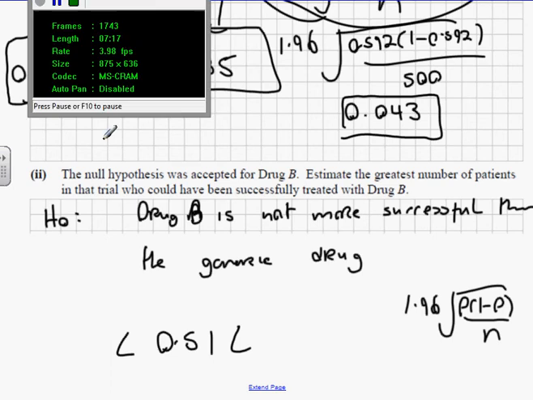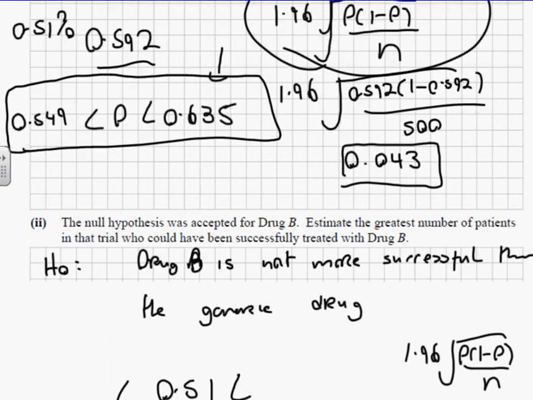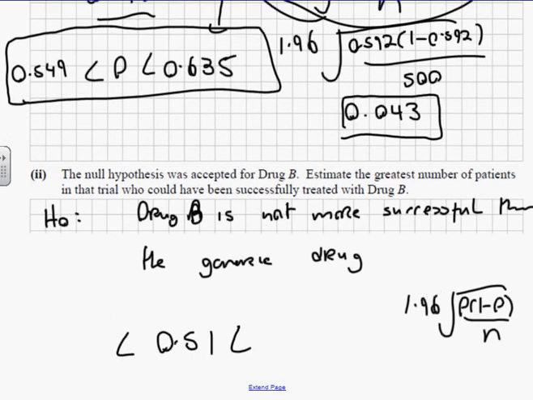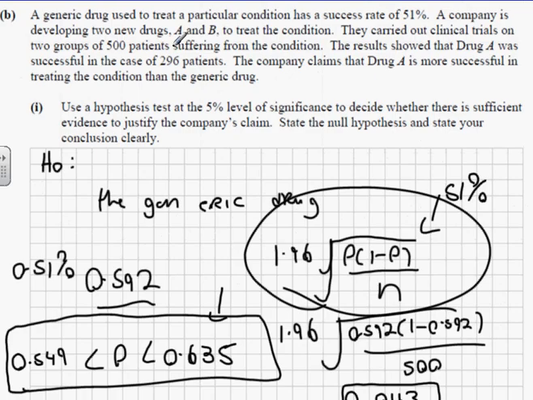We used this in part 1 because we were given a statistic, a proportion for drug A. The proportion for drug A was 296 out of 500 patients, hence why we could use this equation.